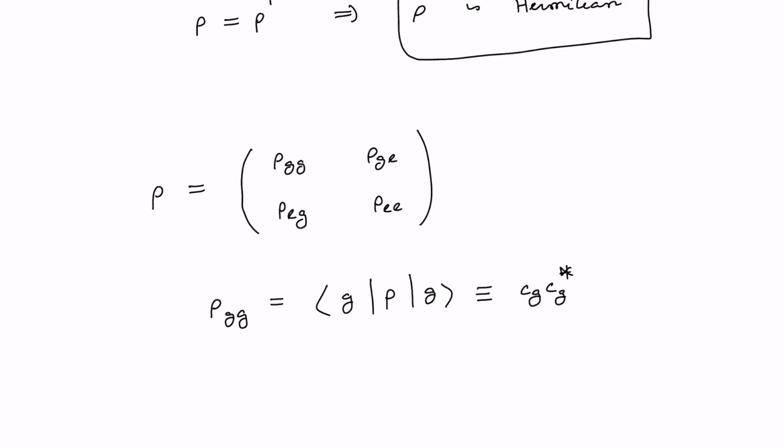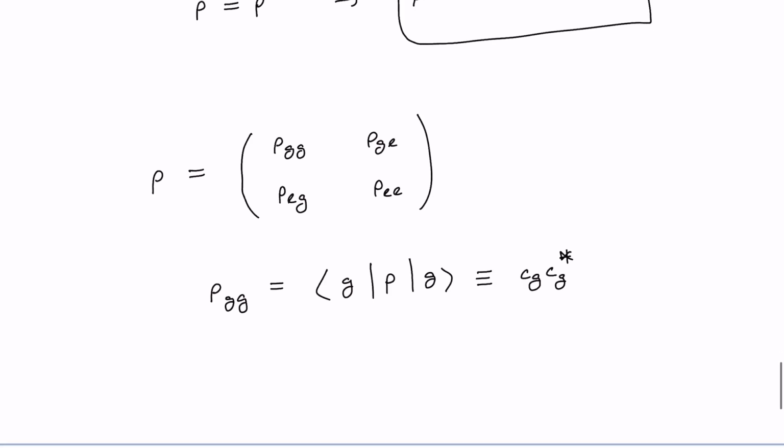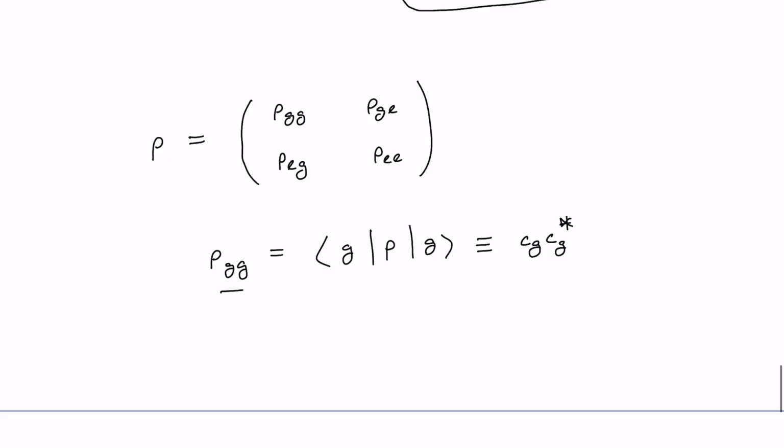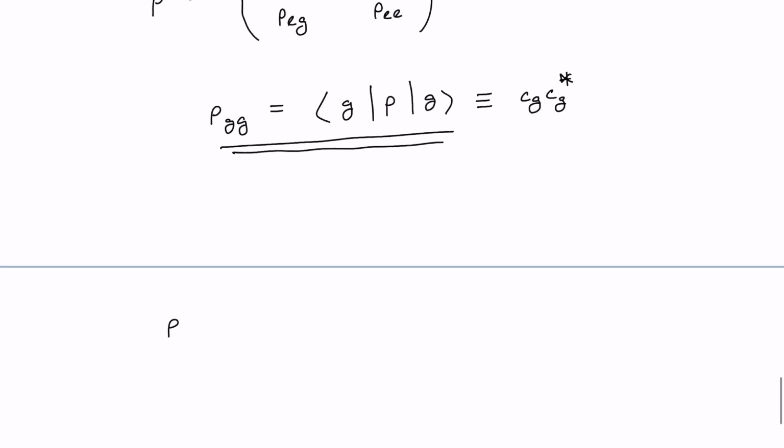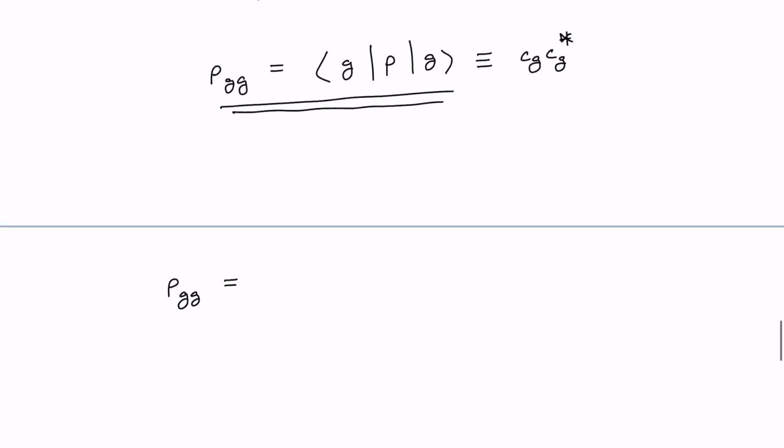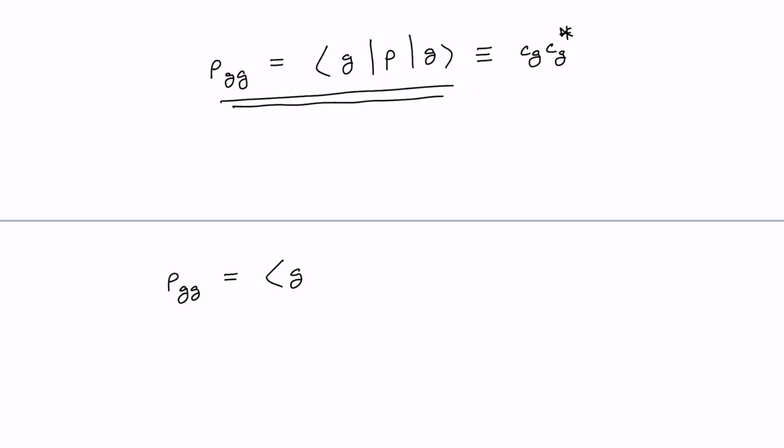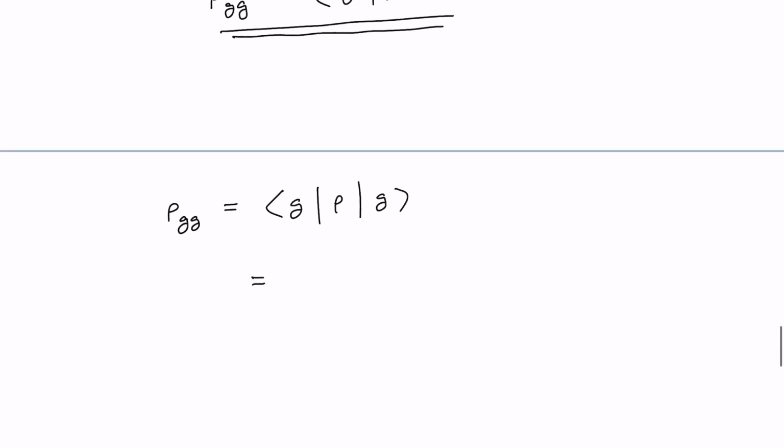Okay, let me actually show you how I am writing it in this particular form explicitly, because as I write rho_zz is equal to <z|rho|z>, let me write rho as |psi><psi|. Okay, that is what my rho is.